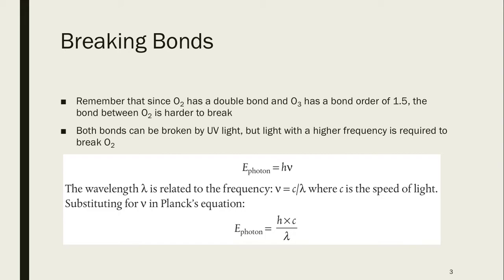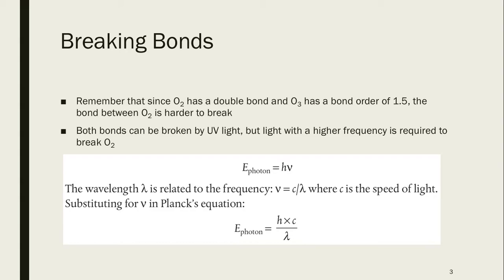Now, we are going to be bringing back some equations that we learned last year where we looked at energy and related it to the frequency and the wavelength and the speed of light. So we have the energy of a photon equal to h times nu. Remember, h is Planck's constant, nu is the frequency. We're also going to incorporate wavelength, and we know that wavelength is related to the frequency by the equation nu equals c over lambda, where c is the speed of light.